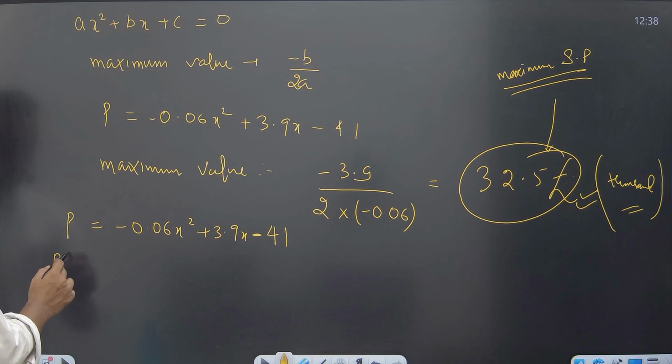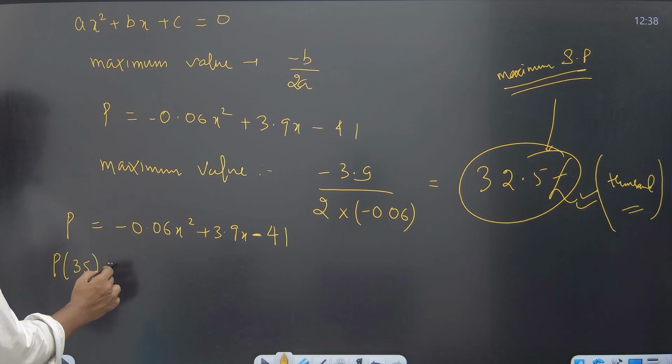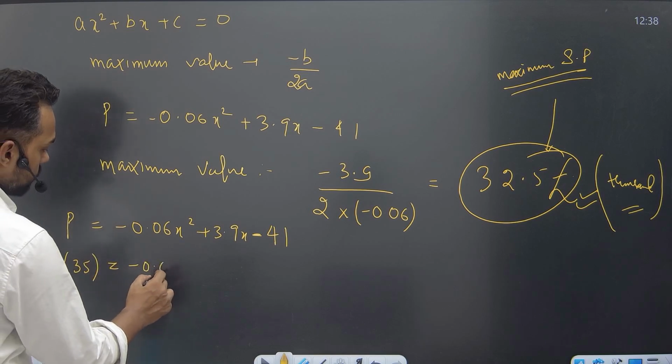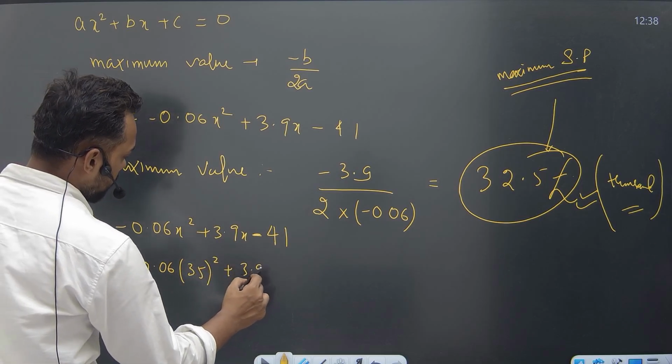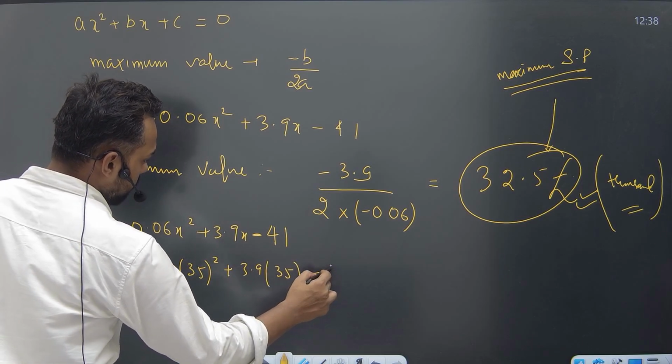So we need to plug in the value x equals 35. So we will be getting negative 0.06 times 35 square plus 3.9 into 35, negative 41.